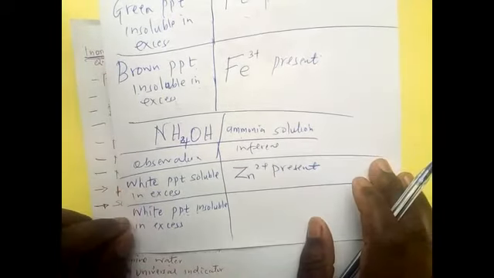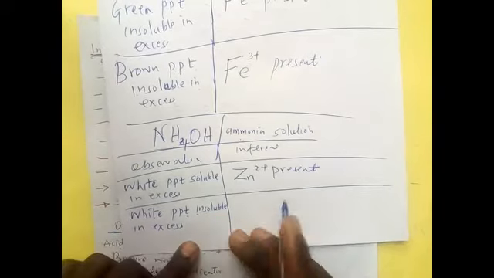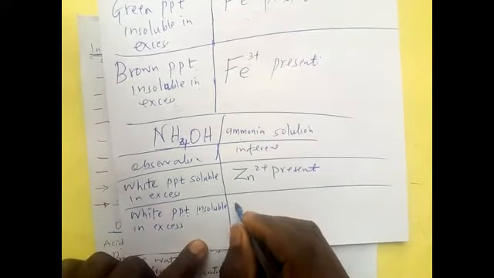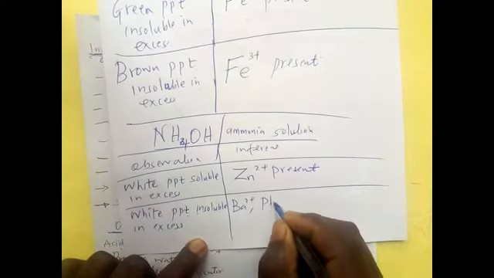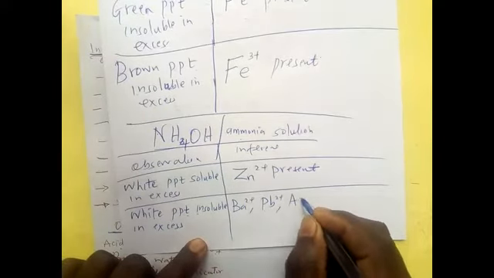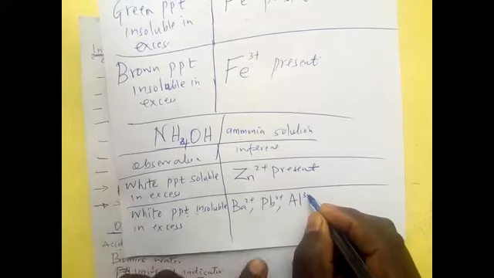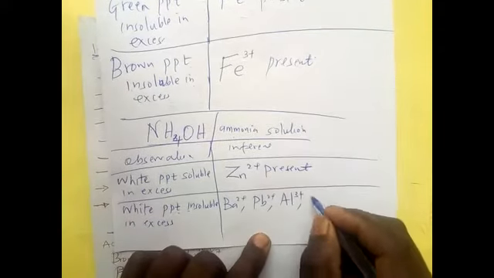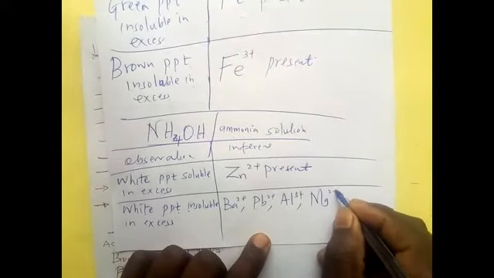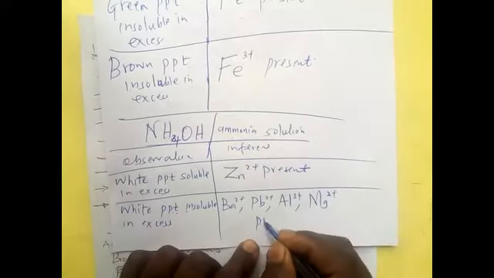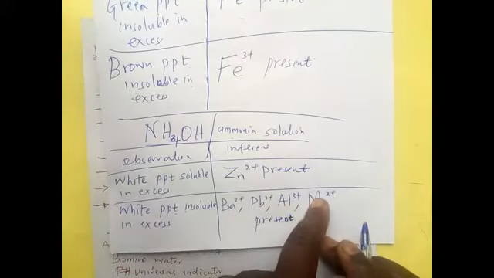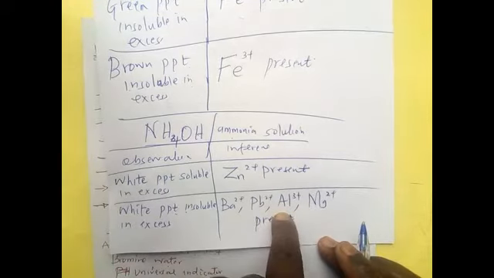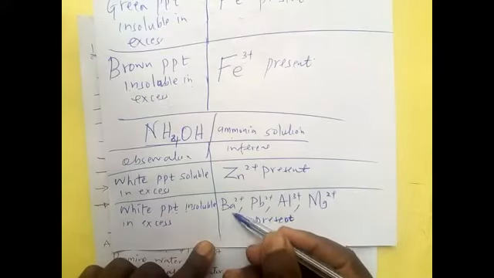So many ions could be there: barium 2 positive, lead 2 positive, aluminium 3 positive, magnesium 2 positive. So many ions are present, because all these ions form a white precipitate with the hydroxide. Barium hydroxide is a white precipitate.